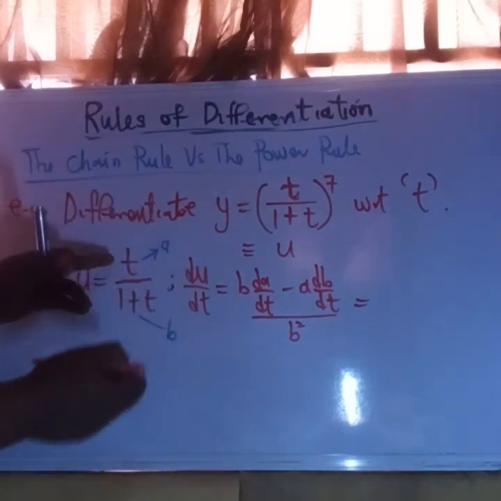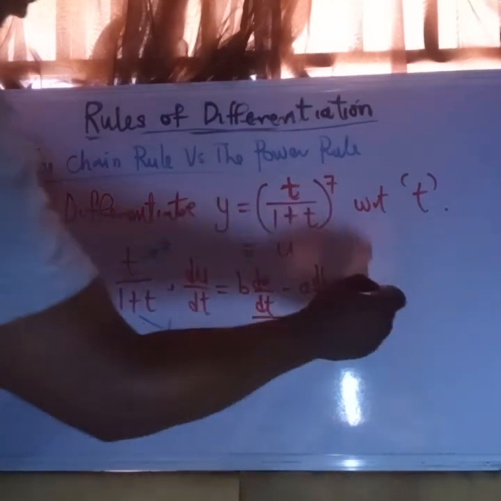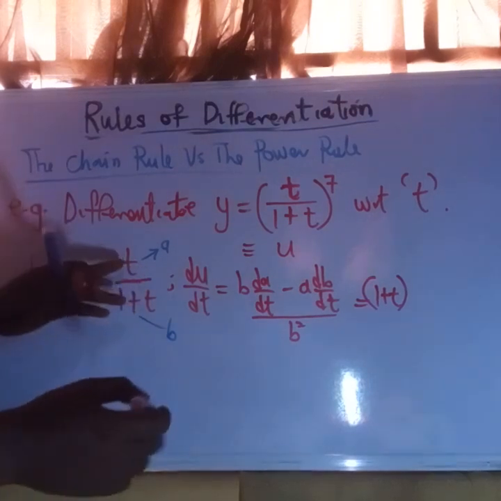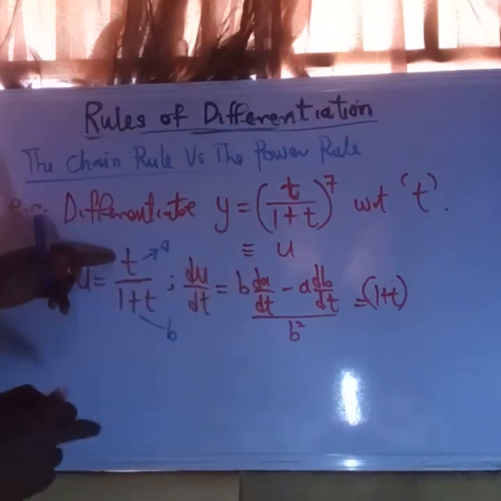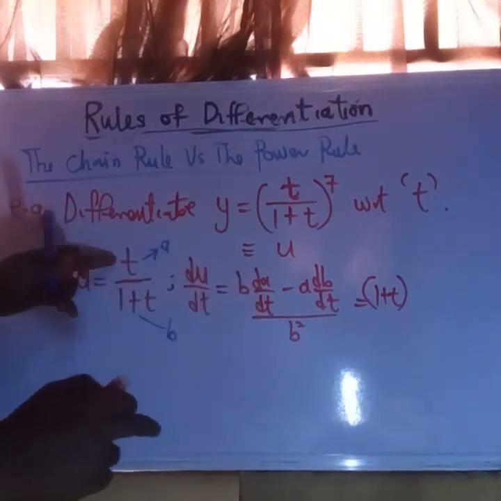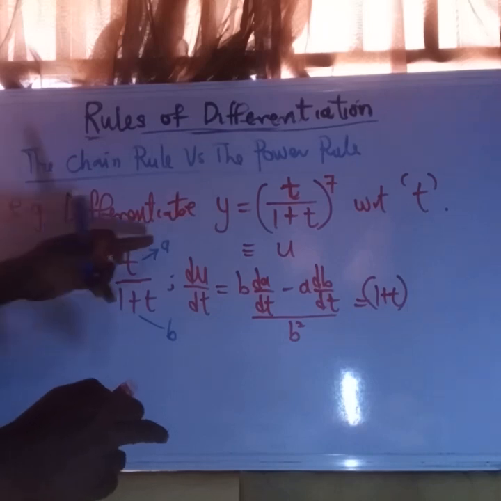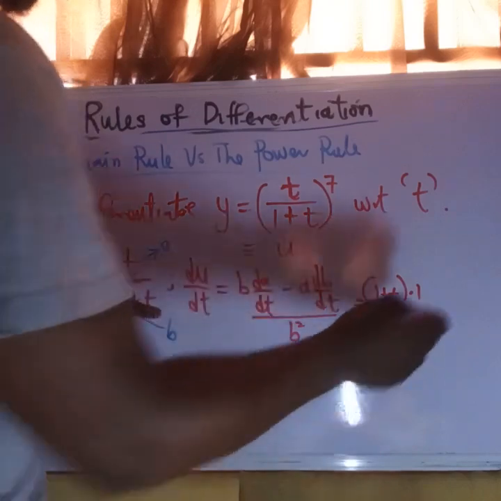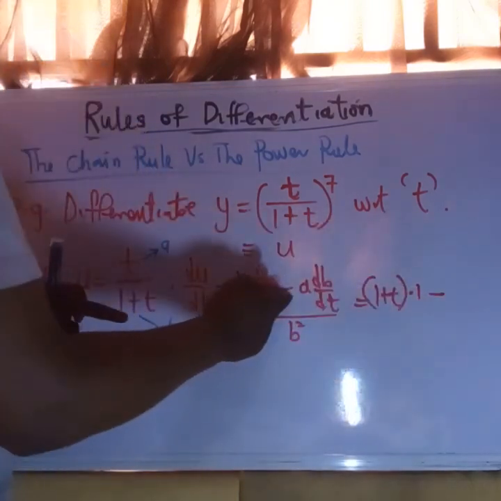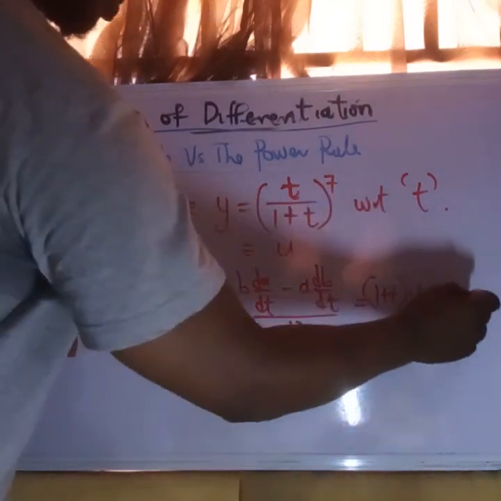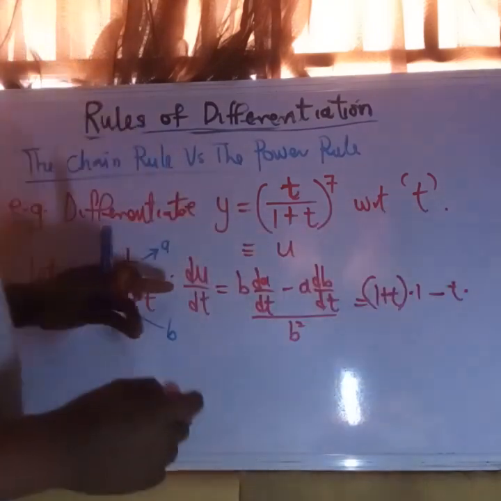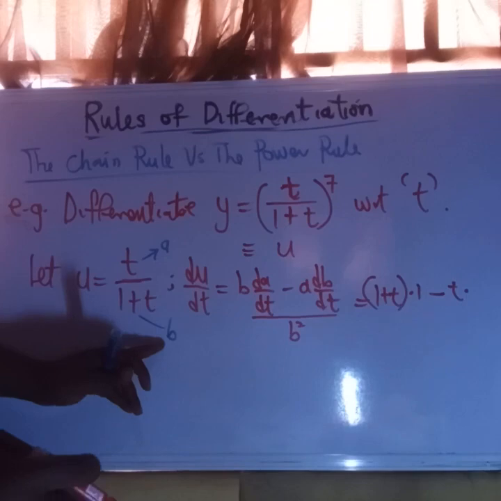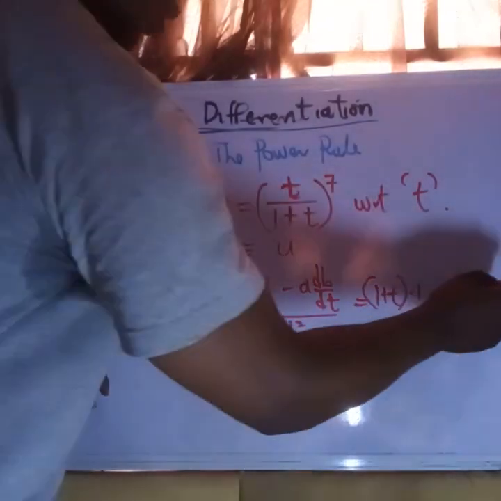So let's do that. Here we have b, which is 1 plus t. For da/dt, we differentiate a with respect to t, that is 1. So this is 1 minus, from the formula, a, which is t, multiplied by db/dt. Differentiating this again with respect to t, this is also 1.